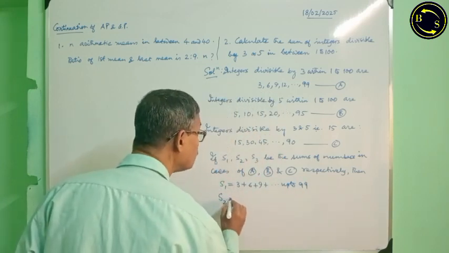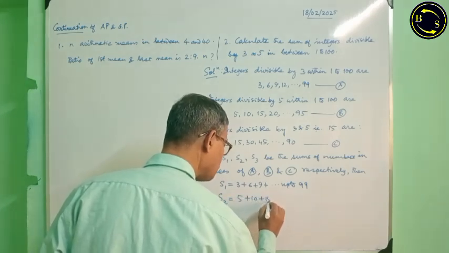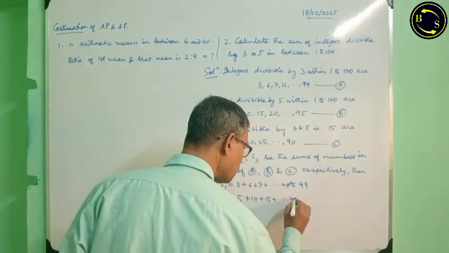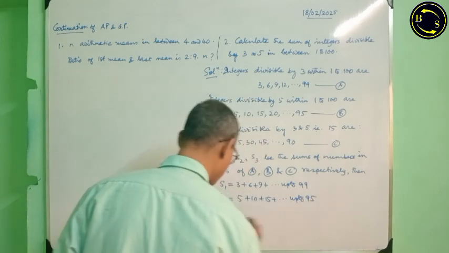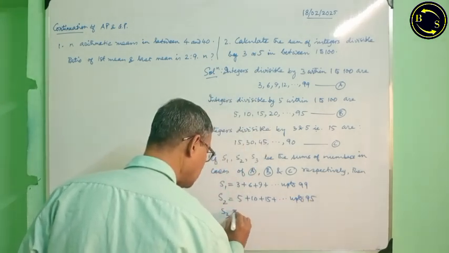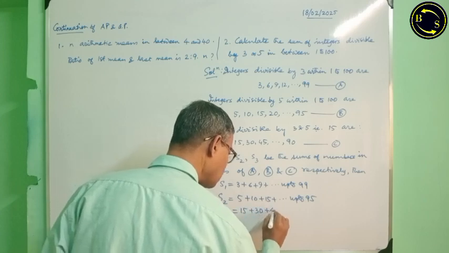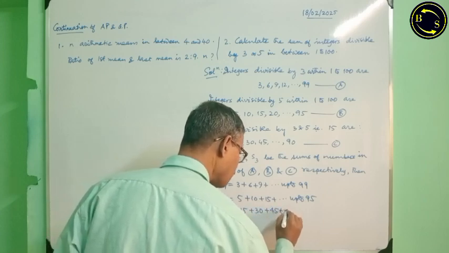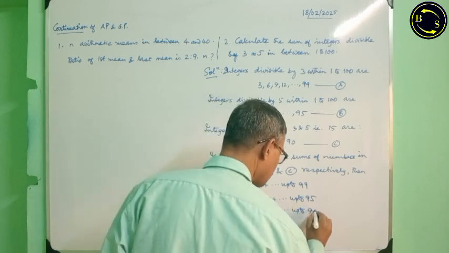S2 is equal to 5 plus 10 plus 15 plus up to 95. S3 is equal to 15, 30, 45 up to 90.